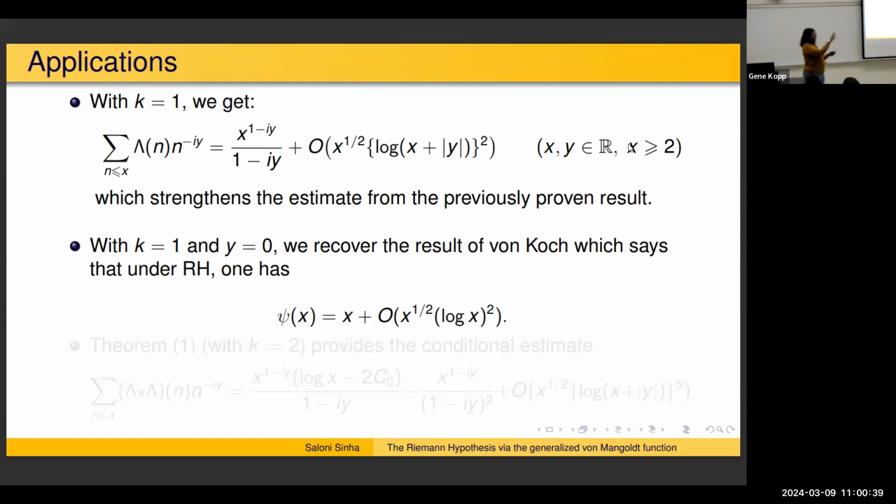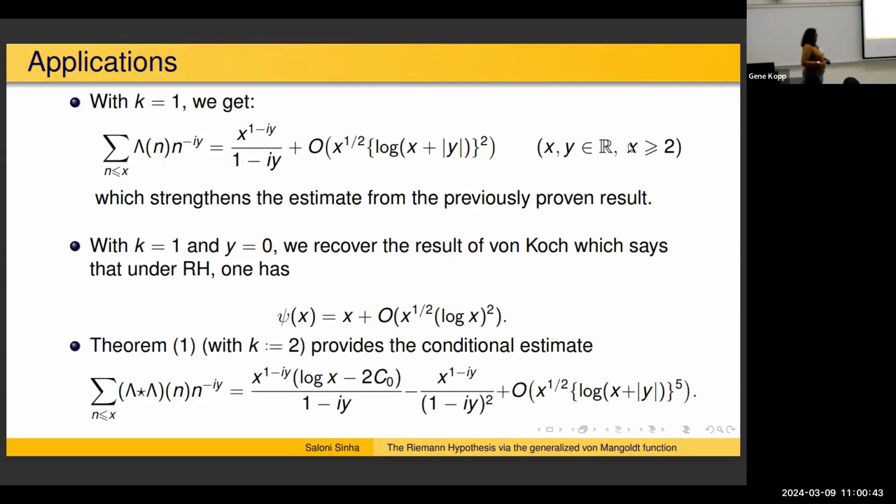If you just plug in k equals 1, y equals 0, you would recover this result. And just another example, if k is equal to 2, then we get this sort of "nice" form, where you have this main term and this error term. And it's just a nice expression to write out.